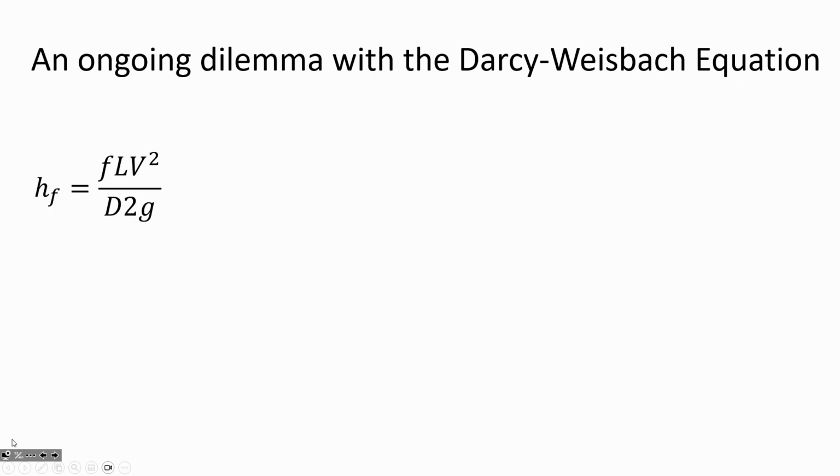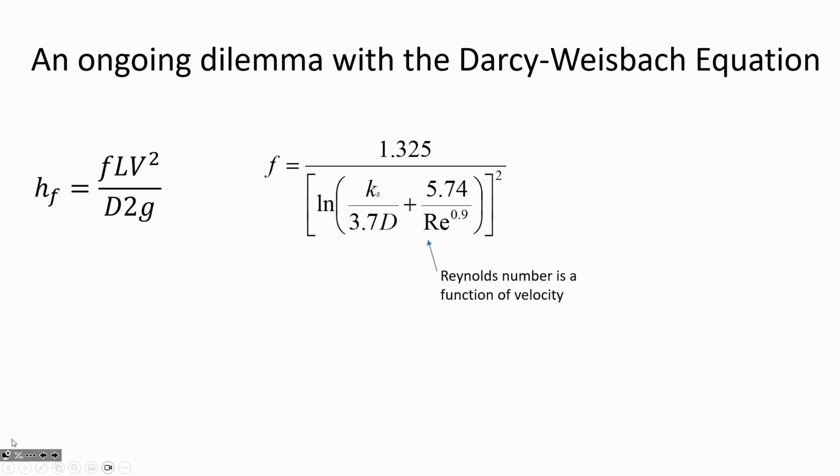The f value isn't just always some factor that depends on the materials, but it also depends on the pipe diameter and the flow conditions. So then if the f value depends on flow conditions and flow conditions depend on the f value, then we can't know at the outset what f value should be used in any problem where the flow rate's unknown.